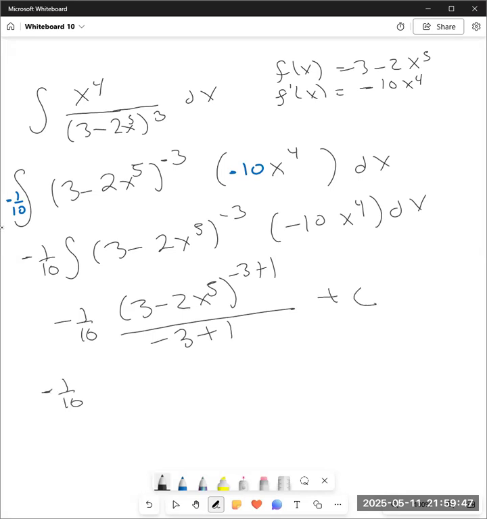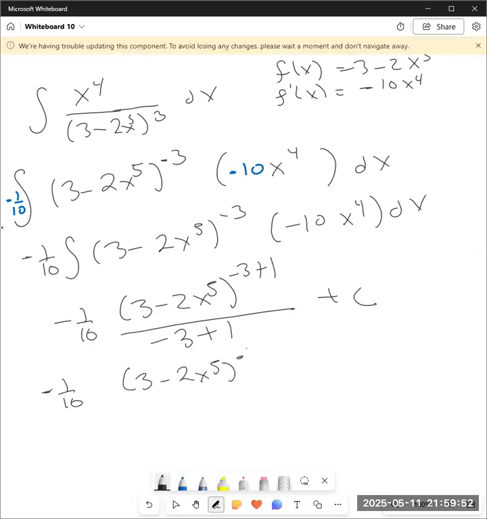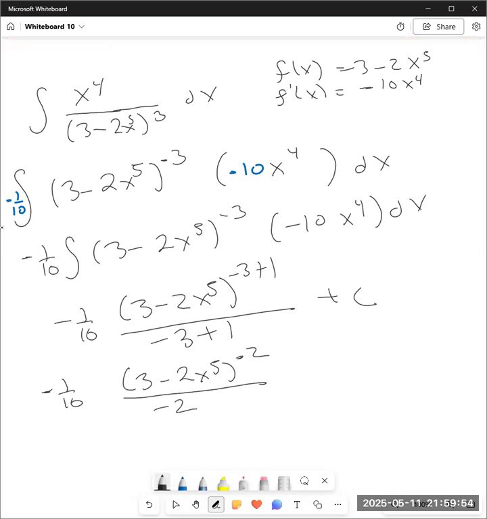That's negative 1/10 times (3 minus 2x to the fifth) to the negative 2 over negative 2 plus c. A negative and a negative will make a positive. 10 times 2 is 20, and we want positive exponents here. So let's go ahead and bring this down: 1 over 20 times (3 minus 2x to the fifth) raised to the second. This was a positive 1 in the numerator this time, plus c.